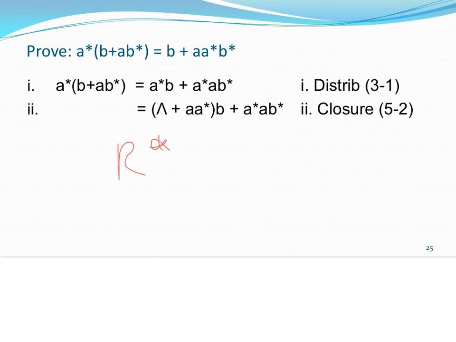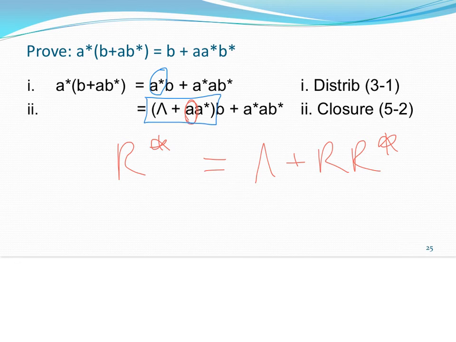We know that R star is the same as lambda plus R R star, and in this case, just a single A is what we're using for R. So we have taken this little piece right here and expanded it into that.